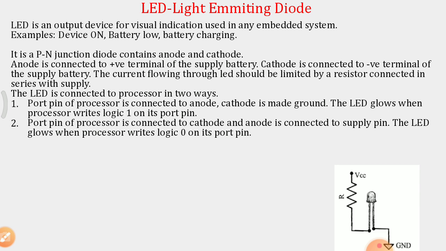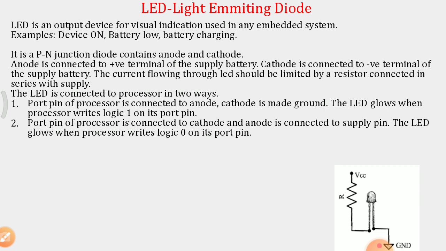It is basically a PN junction diode that contains an anode and a cathode. The anode is always connected to the positive terminal of the supply battery, and the cathode is always connected to the negative terminal of the supply battery or ground.